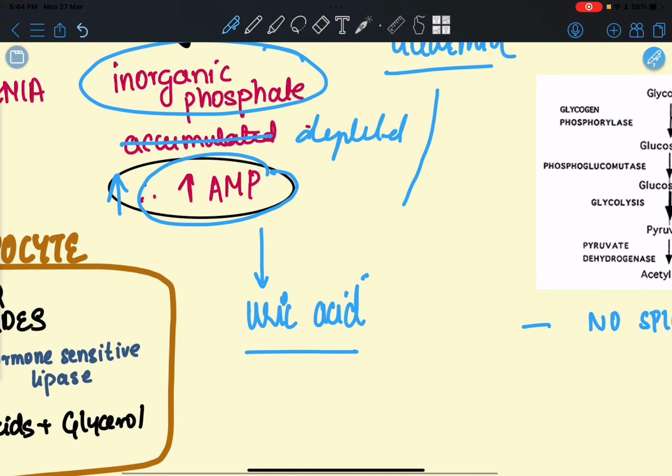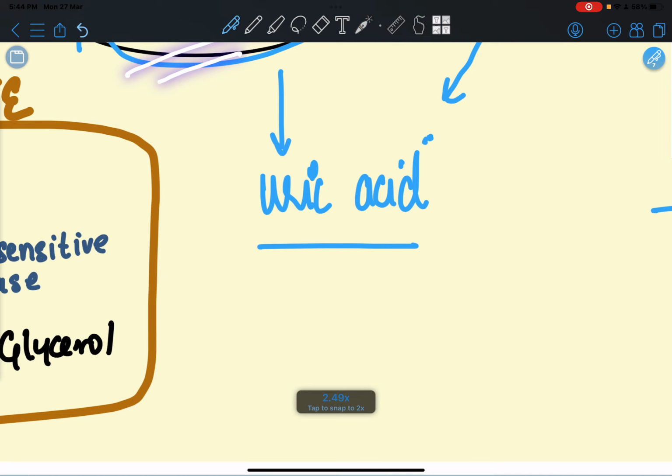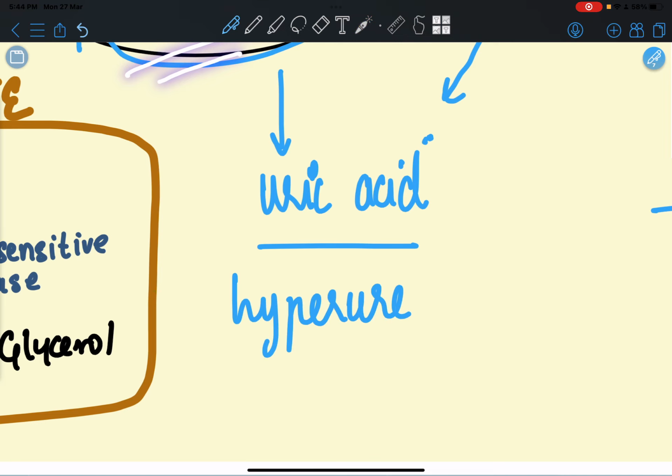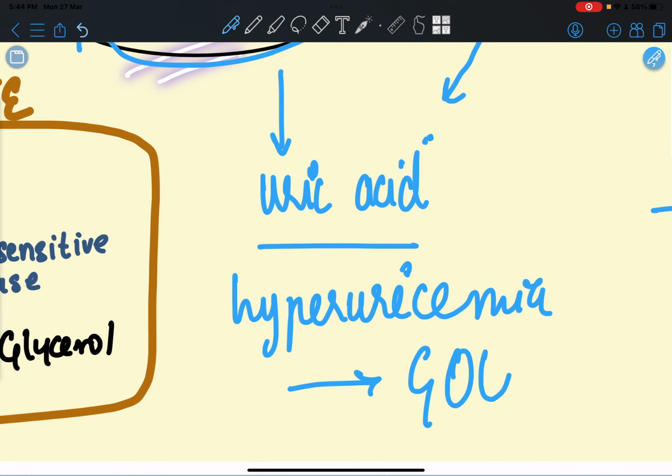So it also contributes towards the increased uric acid levels in the blood, because it's preventing its excretion. So increased AMP degradation and lactic acidosis both together cause hyperuricemia, increased uric acid in blood, which is leading to gout.